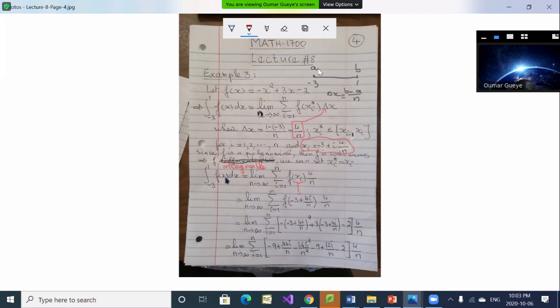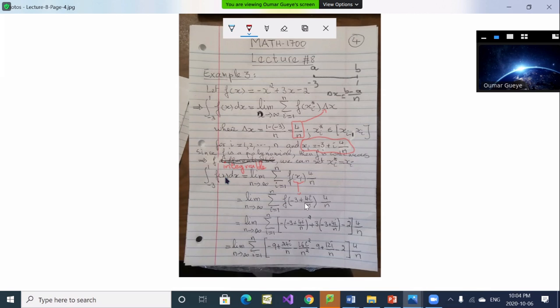A is -3, as I said before. You guys can see on the top is your a, -3 plus i delta x, and I replace delta x by its value. Delta x equals this here. So that's why my xi now is equal to -3 plus 4i over n.